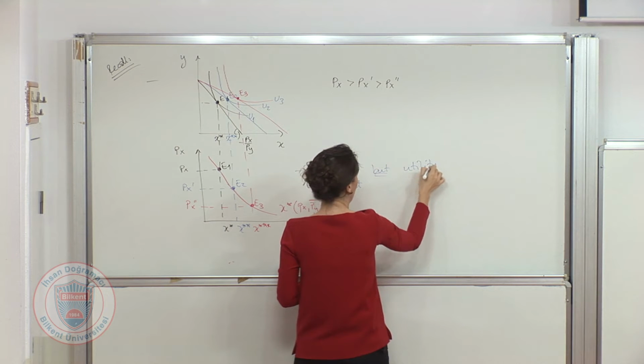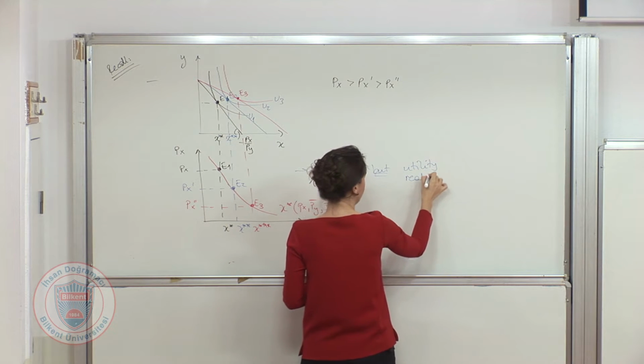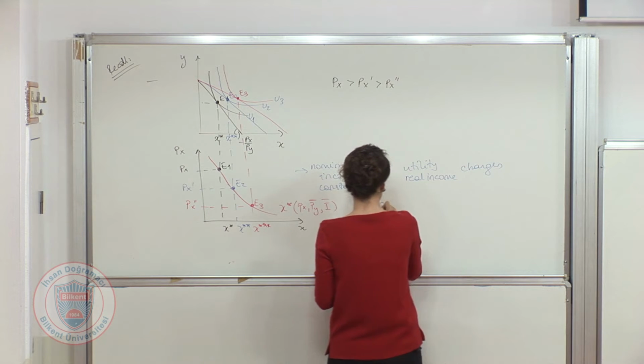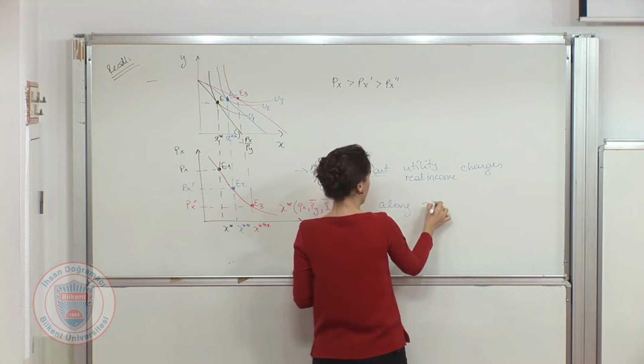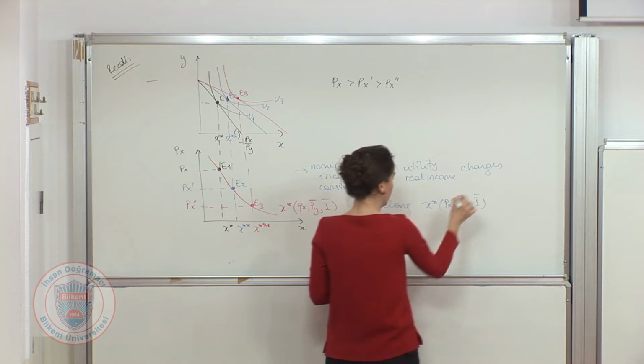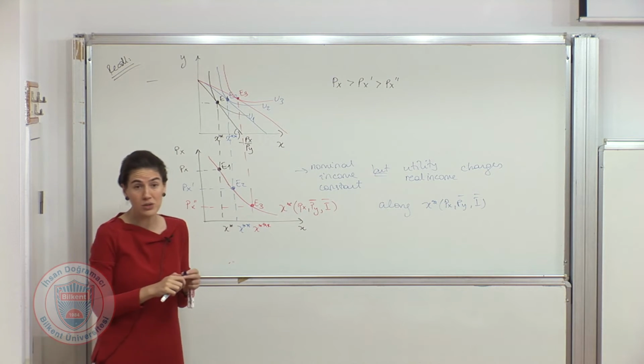Utility, or you can call it real income, changes along X star of Px, Py, I.